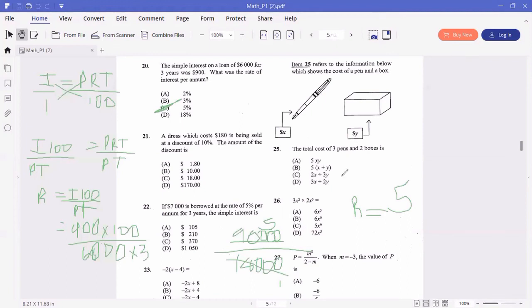Now it says a dress that costs $180 is being sold at a discount of 10%. Find the amount of the discount. So we need to find 10%.